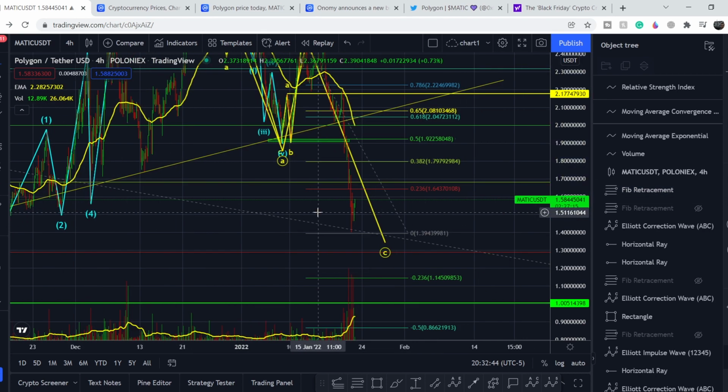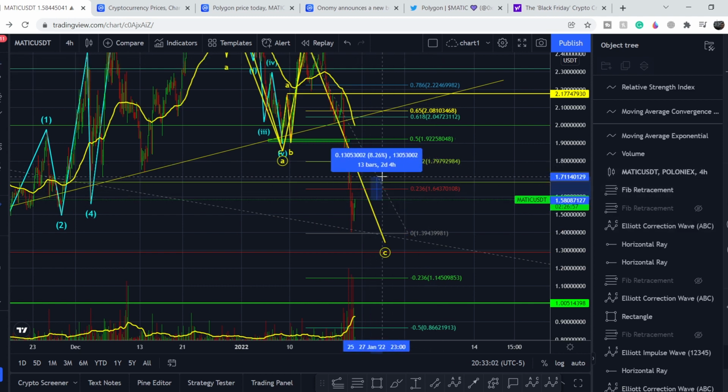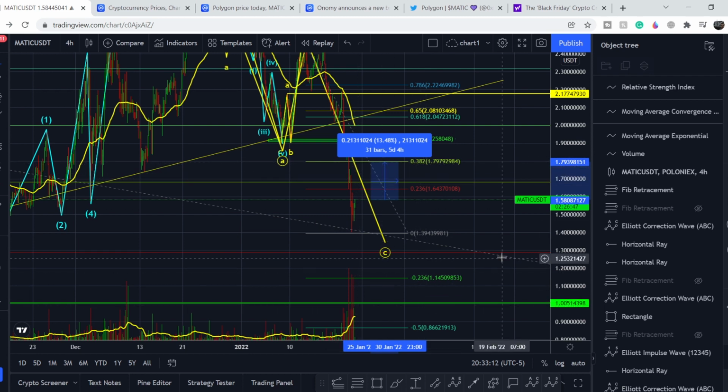And the bounce should be at least at 0.236 level to the price point of $1.64, or 0.382 Fibonacci retracement level to the point of $1.79. This means we have a short-term upside potential of about 4.2% and even to 13.48%. And somewhere here we might have the next leg to the downside.